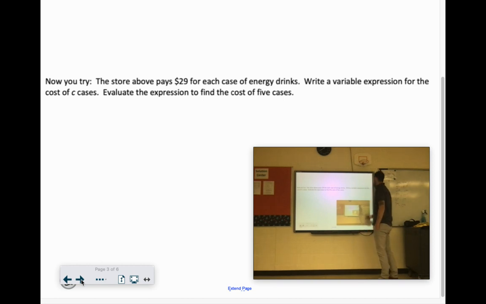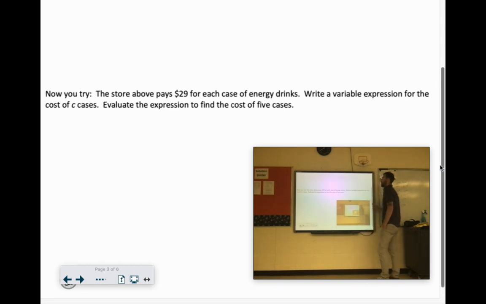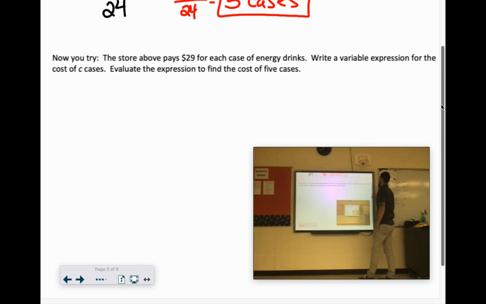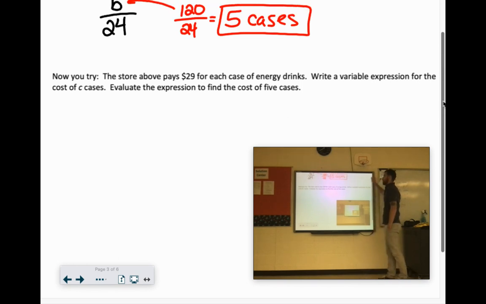Now, let's say the store above pays $29 for each case of energy drinks. Let me scooch this up. So we just bought 5 cases. The store pays $29 for each case of energy drinks. Write a variable expression for the cost of C cases.